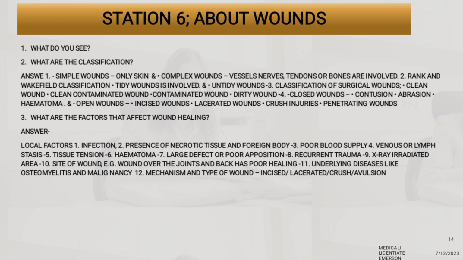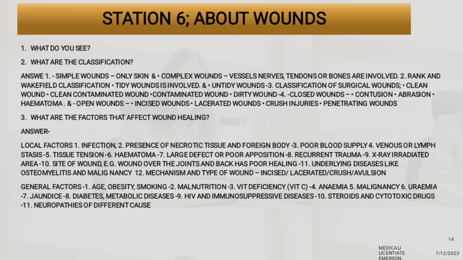Site of wound is number 10, e.g. wounds over the joints and back have poor healing. Number 11 is underlying diseases like osteomyelitis and malignancy, and also the mechanism and type of wound. Incised, lacerated, crush, and avulsion wounds each have their own way of healing.